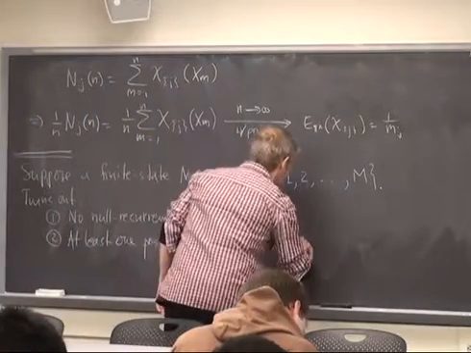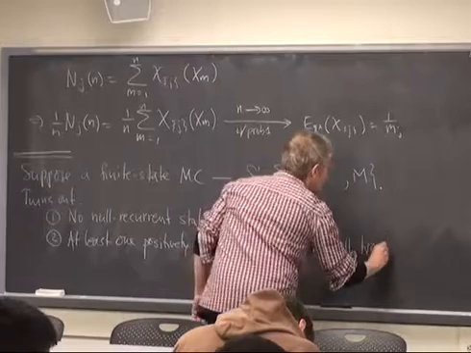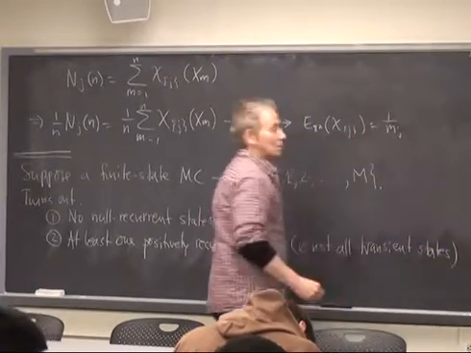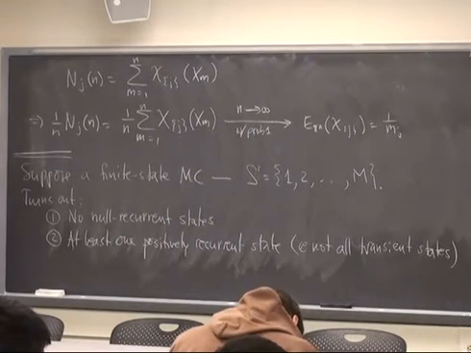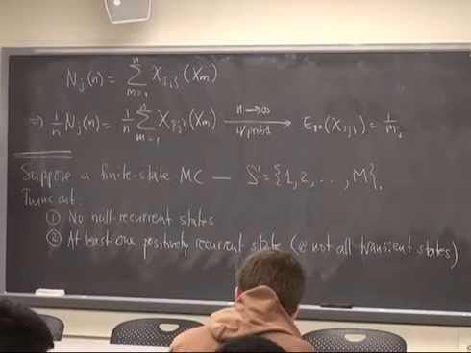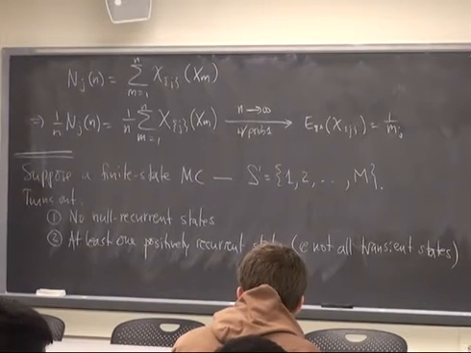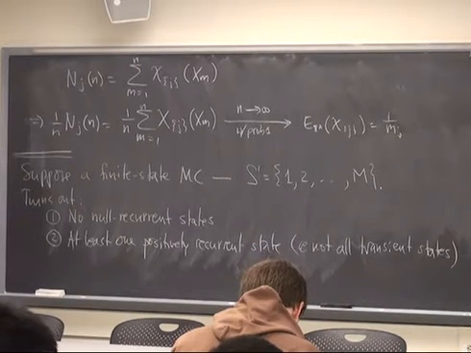That is to say, not all transient states. Any Markov chain, all of whose states are transient, has to have an infinite number of states. Okay, these are easy to prove. That if you have a finite state Markov chain, you have no null recurrent states and at least one positively recurrent state.